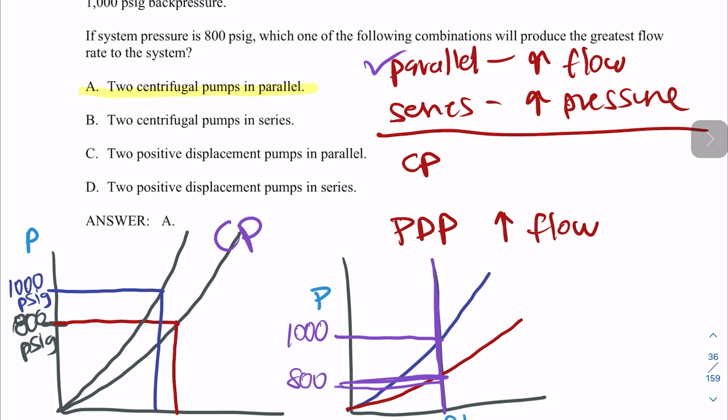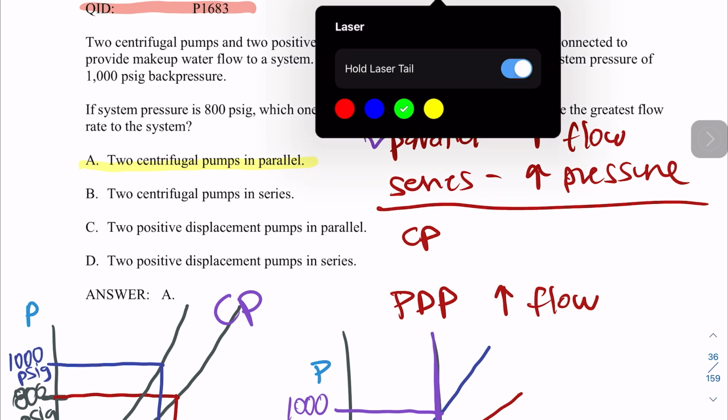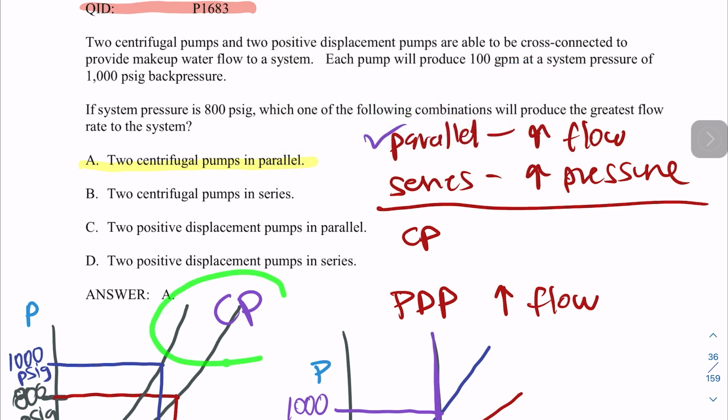A parallel operation, we know that. Because our system pressure is going to be lower, we just need to determine which one is going to give us this higher flow rate in comparison. First we compare CPs with PDPs, and then we determine, if it's parallel or series, which one is giving us the highest flow. This is how we determine this one.